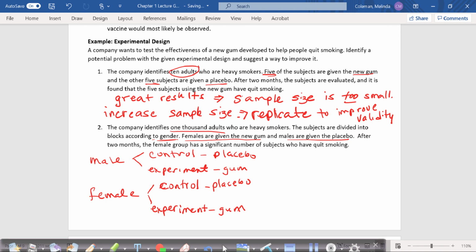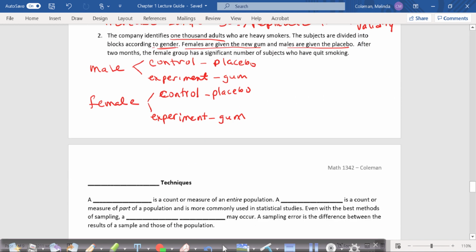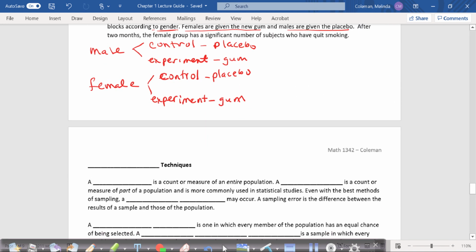So now we know that this is going to help more than just the fact that maybe females have a higher desire to quit smoking. There's no way to know for sure whether it's the gum or is it just that females worked harder to quit smoking. It's hard to say without having a control group and an experimental group. So that would help fix it.